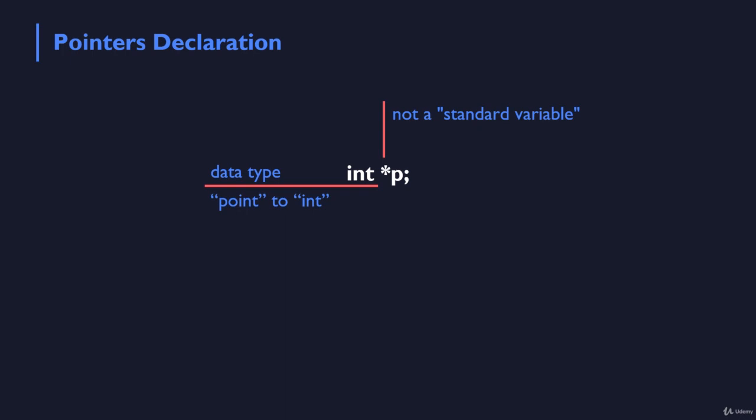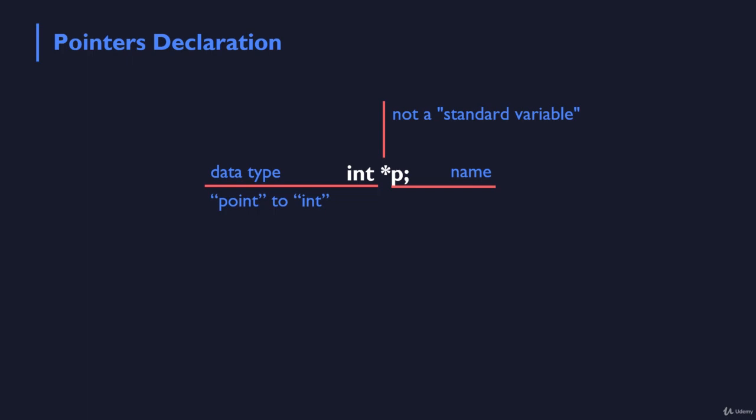And lastly we have p, which is just the name that we are giving to our pointer variable. So we just created a variable called p that is a pointer of type integer. It points to some other integer variable that we will assign to it later on, not in the declaration phase.